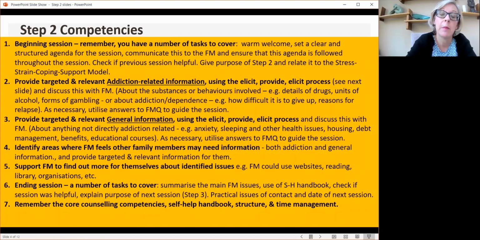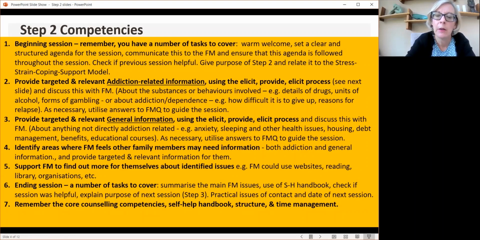So the family member might have said that they were very worried, or they had financial difficulties, or they had problems sleeping, or any of the other areas that come up. These are really useful items to be prepared for in step 2, and you'll already know them from those results that you've got in step 1.